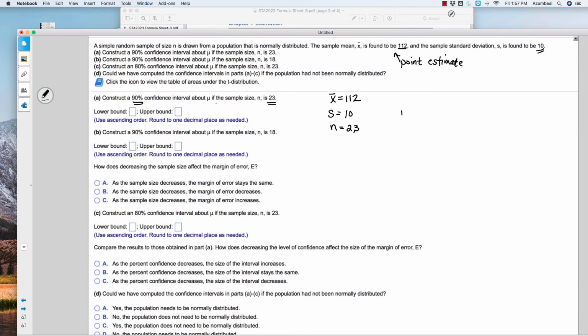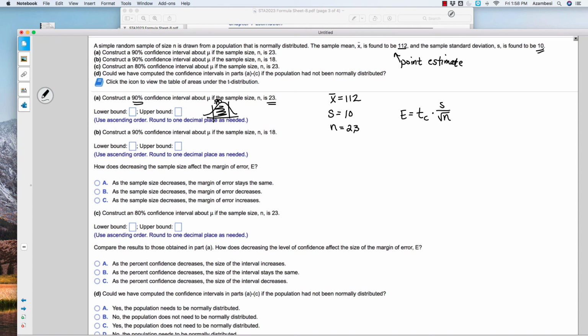So our margin of error is our t from the table times s over the square root of n. And then we'll take that value and subtract it and add it to x bar to get our lower and upper bound.